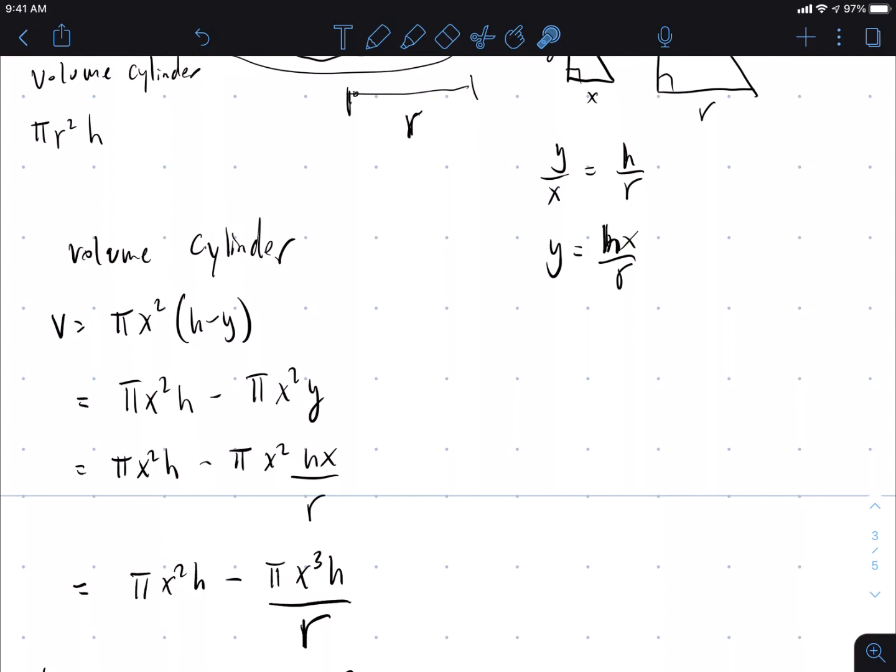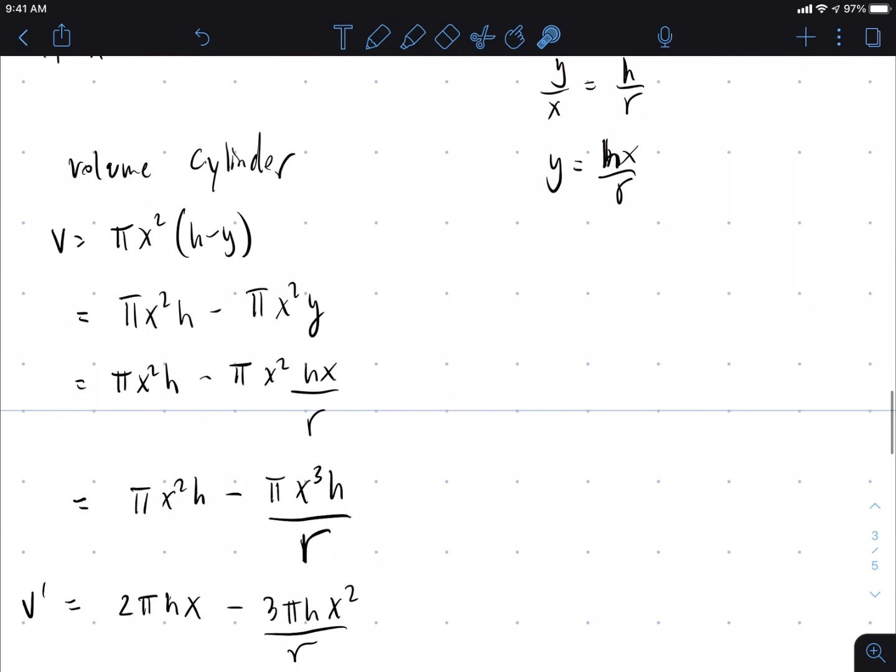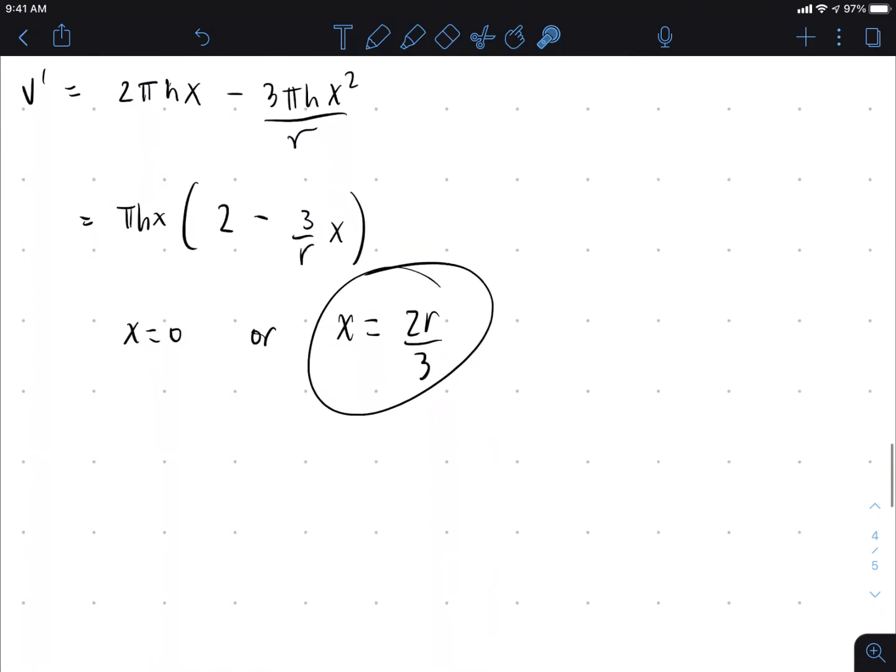Or in fact, let's do it all in terms of x. So before we take the derivative, I would plug it in here, so everything is in terms of x. Does that make sense? Okay, cool. Any other questions?